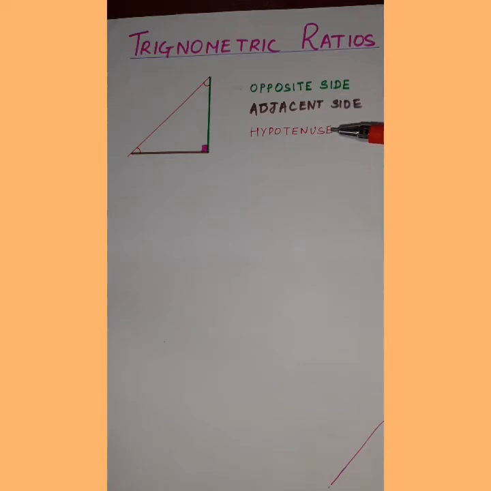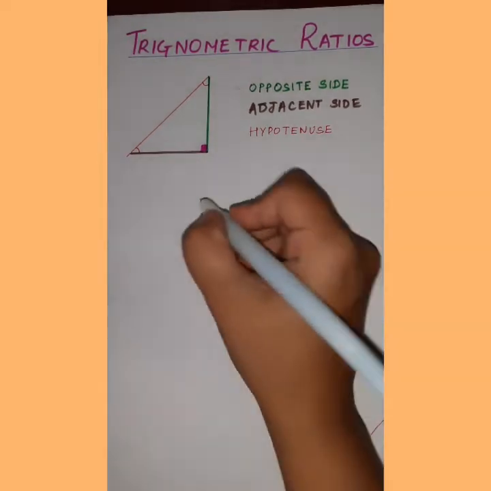Altogether there are 6 trigonometric ratios or functions which are dependent on these sides. To understand this, first let's know which are the 6 important trigonometric ratios. I'm going to write it over here.